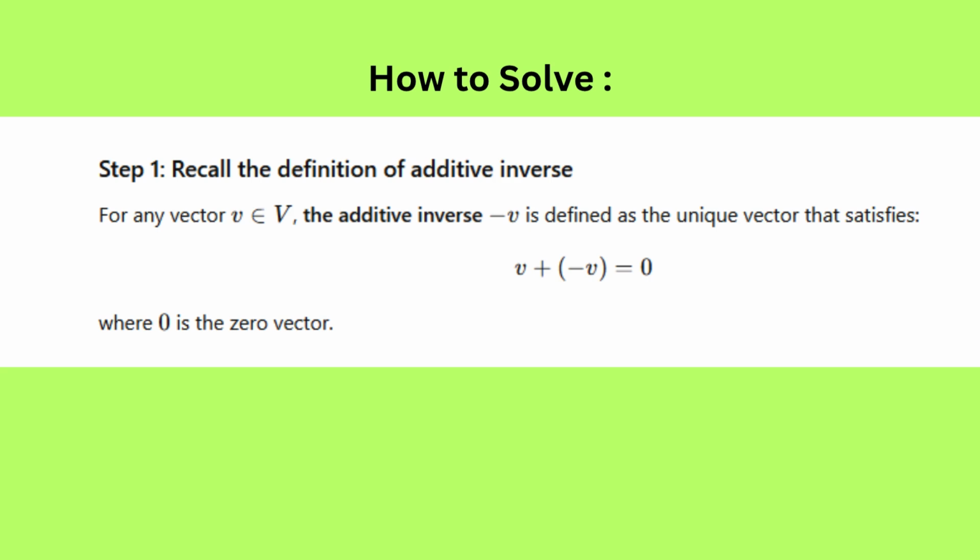We need to recall the definition of an additive inverse. For any vector v, the additive inverse, negative v, is defined as the unique vector that satisfies the equation below: v plus negative v equals 0.